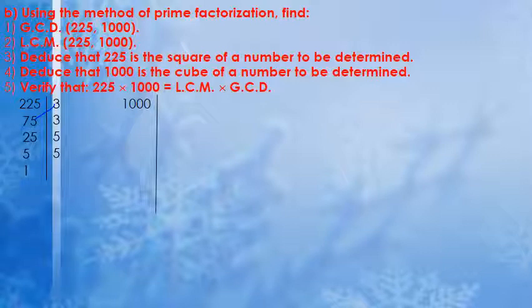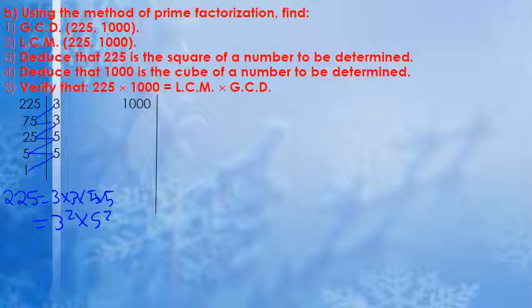If we divide 75 by 3, it gives us 25. If we divide 25 by 5, it gives us 5. If we divide 5 by 5, it gives us 1. So the prime factors of 225 are 3 times 3 times 5 times 5, which means 3 squared times 5 squared.